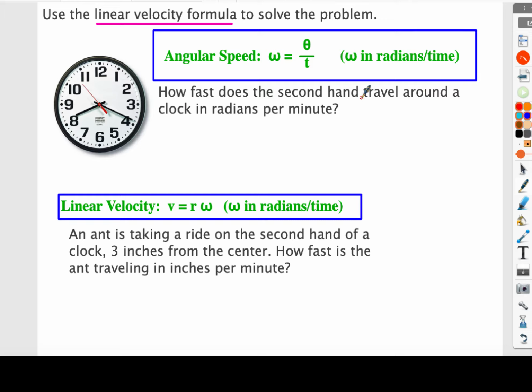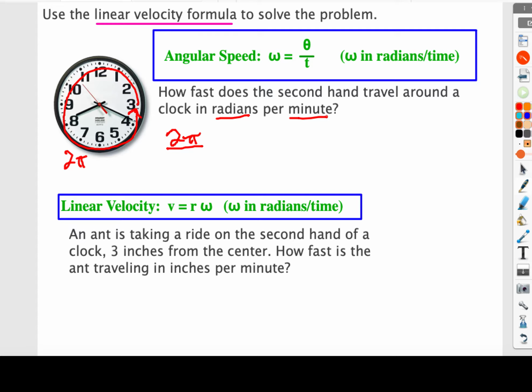So how fast does the second hand travel around a clock in radians per minute? Well, the second hand is going to make one full rotation in 2 pi radians. That would be 2 pi. And we know that the second hand goes 2 pi radians in 60 seconds. But also, it would go 2 pi radians in 1 full minute.